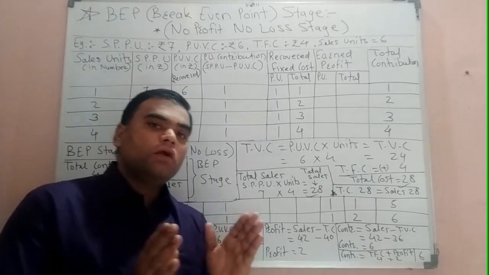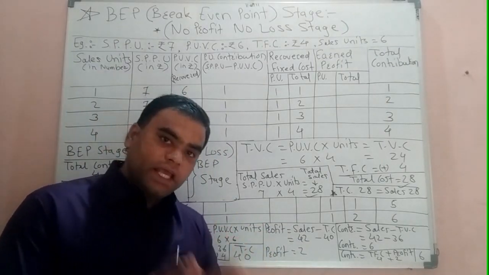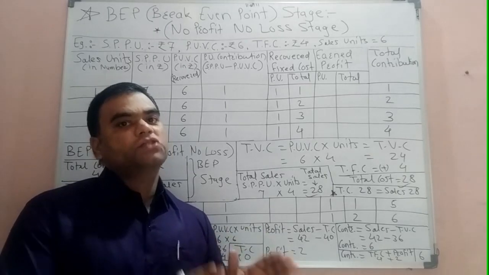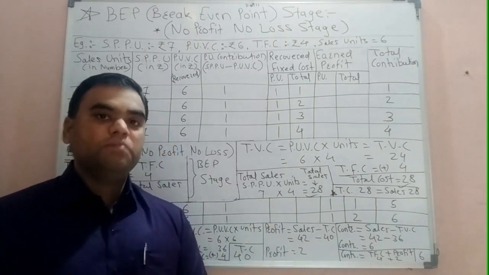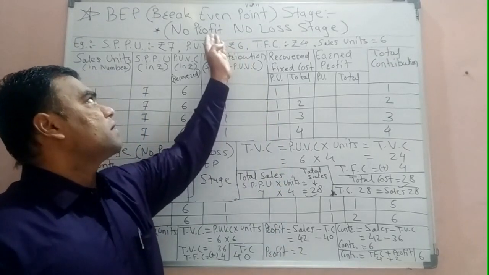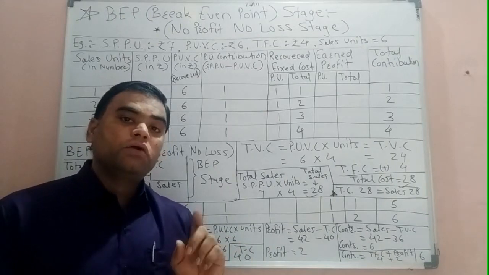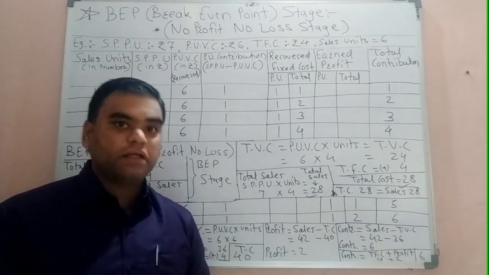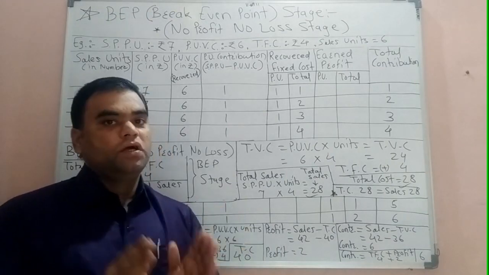BEP stage comes whenever the total contribution of the company becomes exactly equal to the total fixed cost of the company. When there is no profit and no loss, total contribution is exactly equal to total fixed cost.